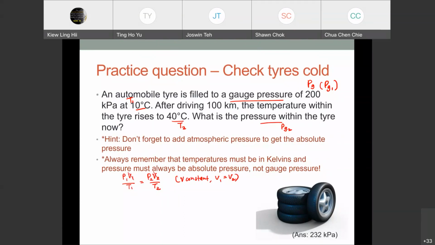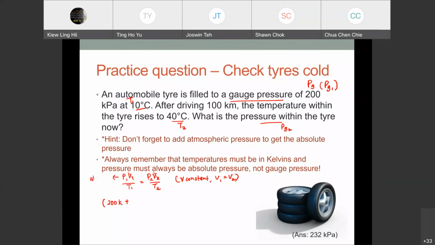P1, we have 200 kilo. This is only gauge pressure, but remember it must be in absolute pressure.